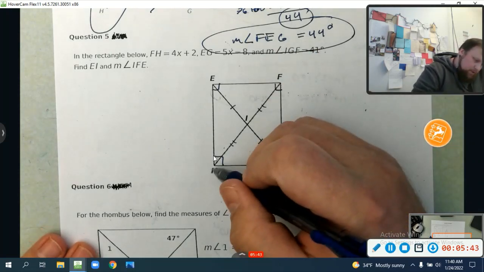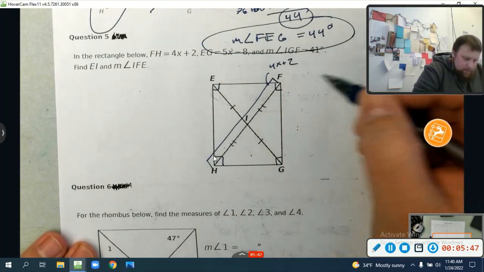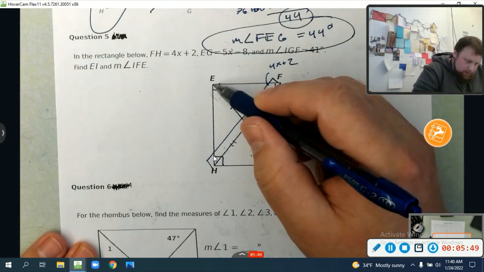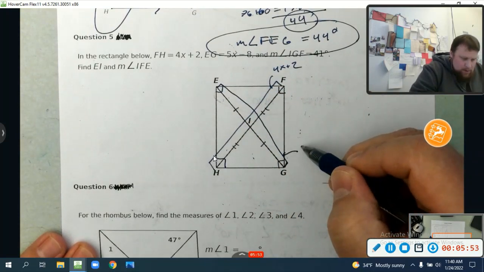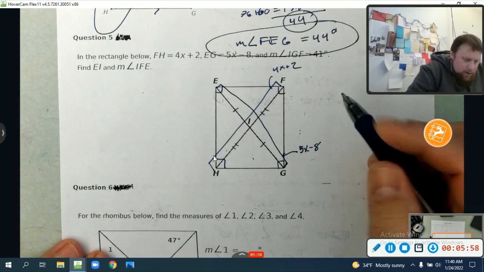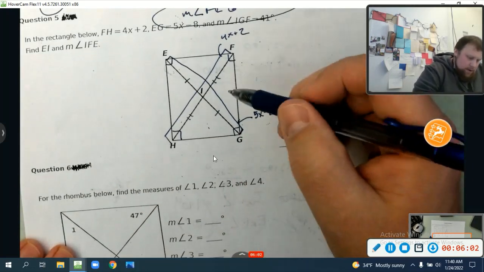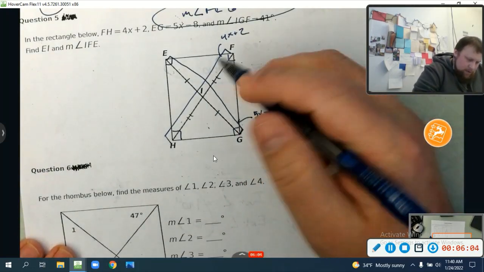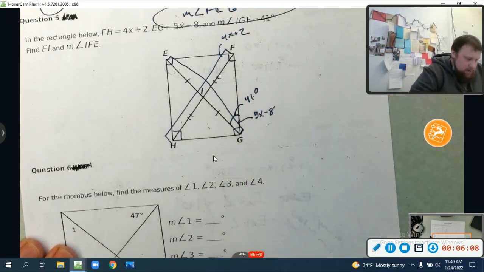So this whole thing is 4x plus 2. EG is 5x minus 8. And the measure of angle IGF, this angle right here, is 41 degrees.